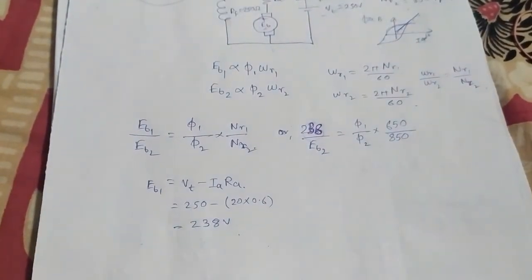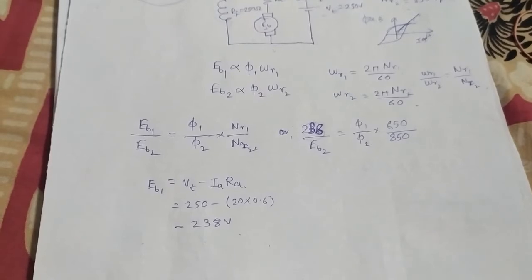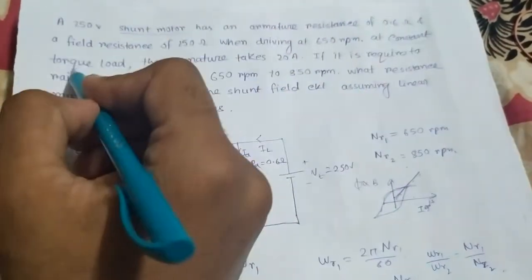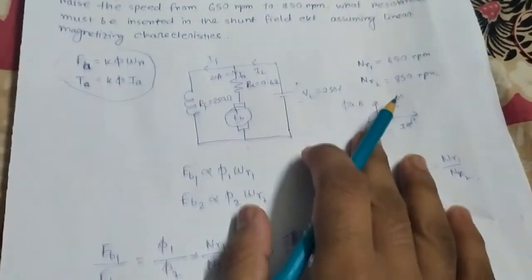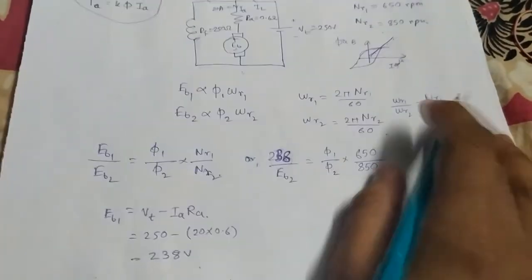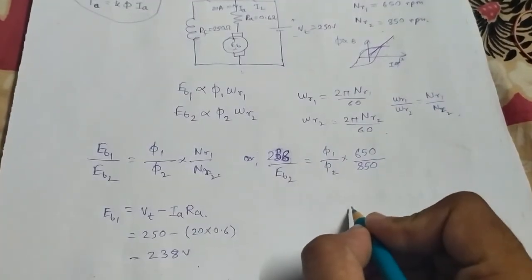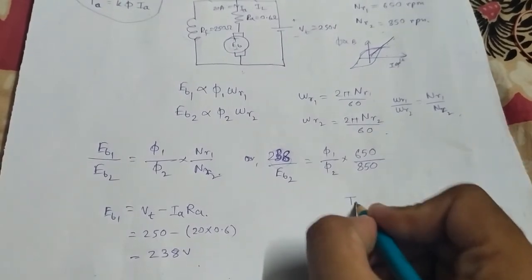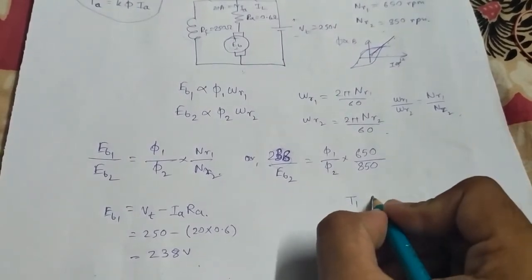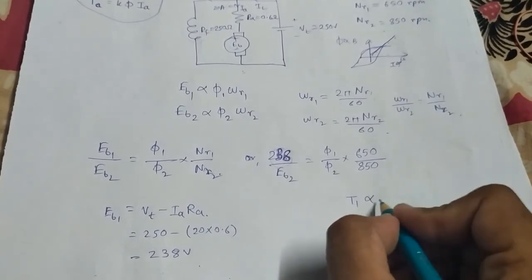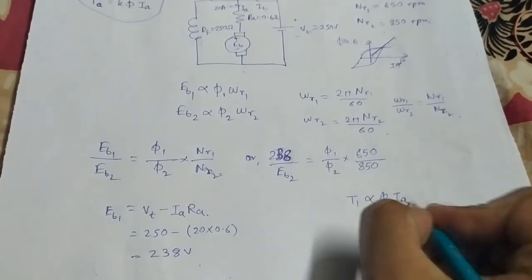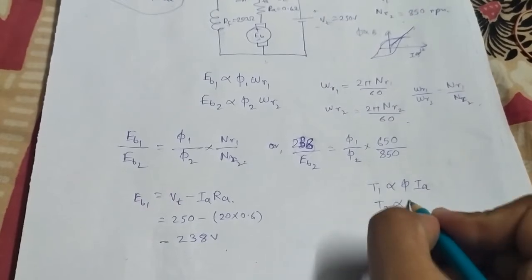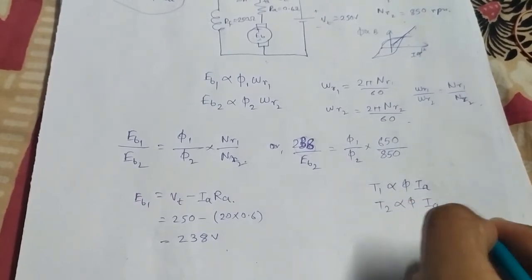Okay, now another condition is given. See, here it is written a constant torque load. So we can see from here the torque is constant. If we name the first torque T1, the torque T1 is varying with phi Ia, right, from this equation, and the second torque is varying with phi Ia.